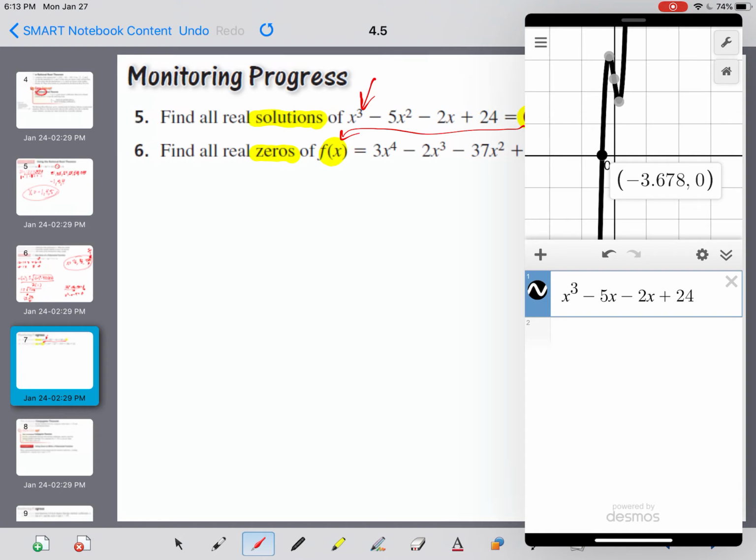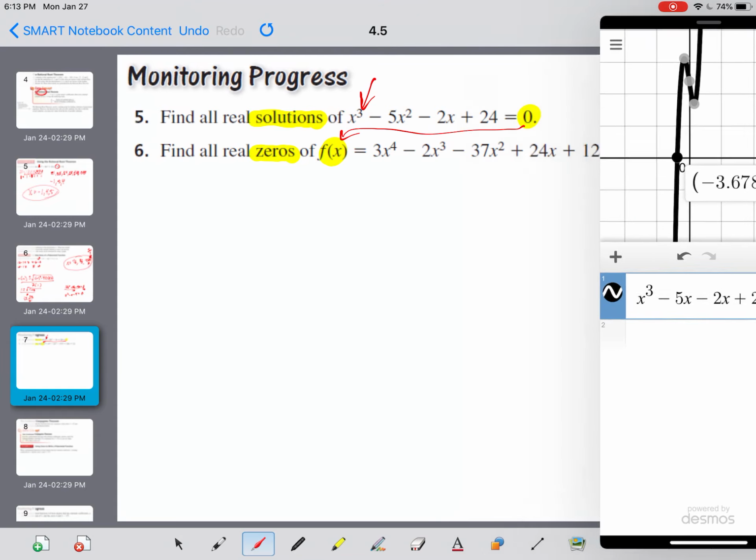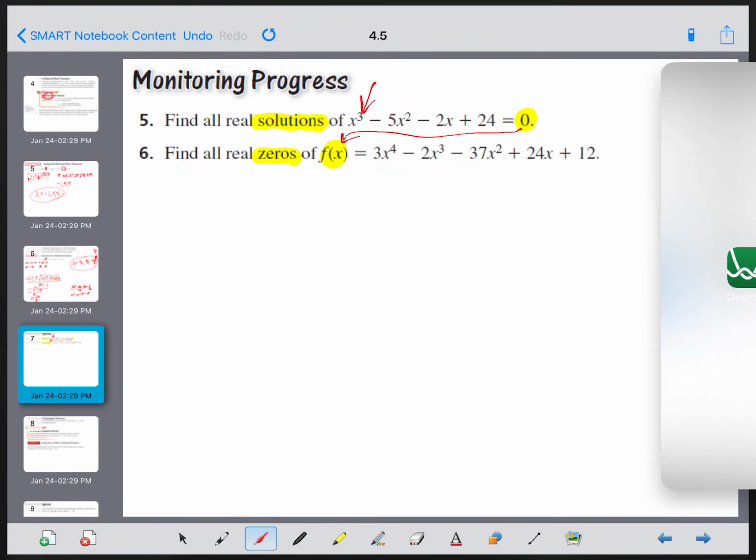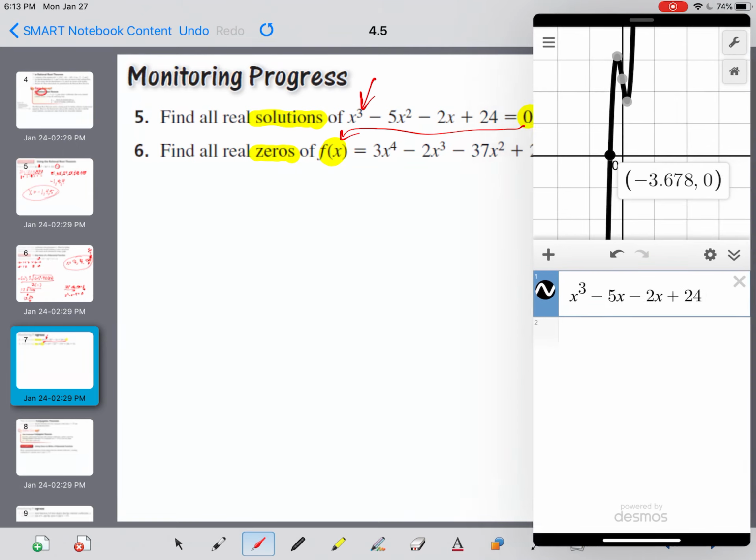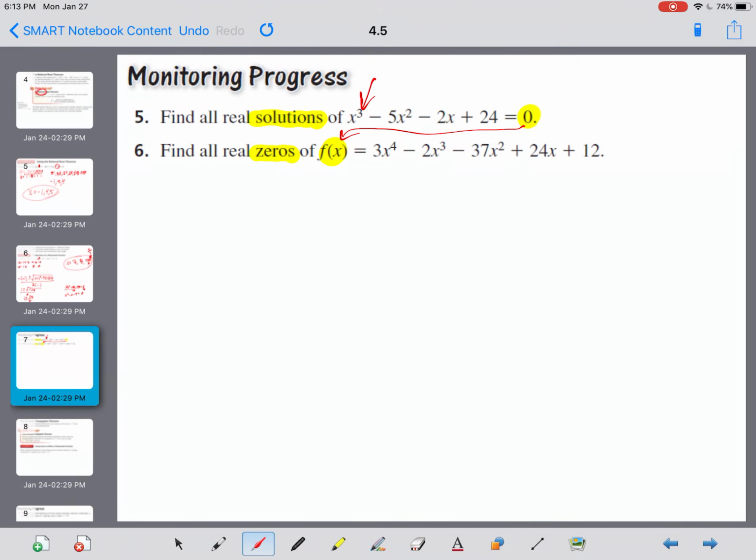The rest of the spots are imaginary. Negative 3.678 is most likely going to be an irrational spot. We don't want it to be quite like that. So we want to be able to find that piece.